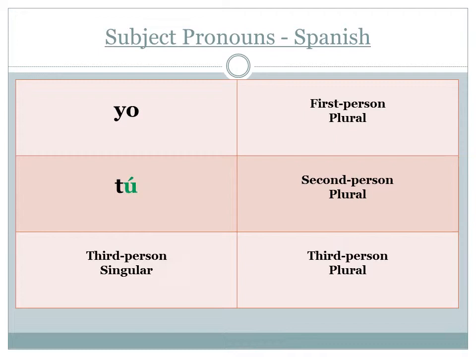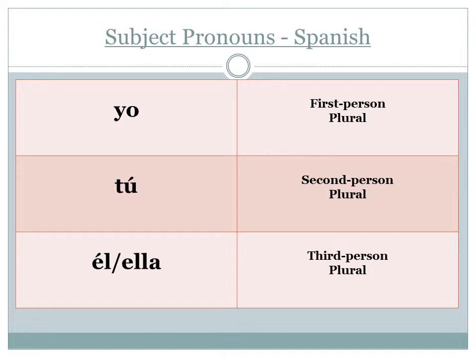That accent mark is very important and the meaning of the word would change without it. The third person singular subject pronouns are él and ella. Here, él means he and ella means she. Again, notice the accent mark over the E in él.